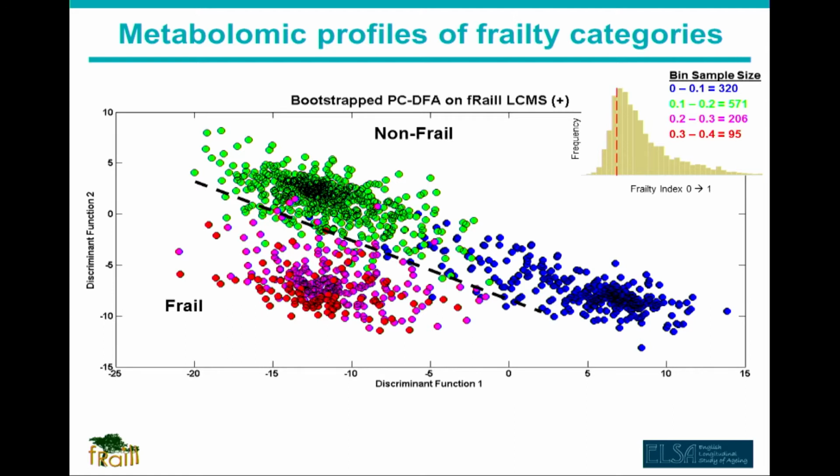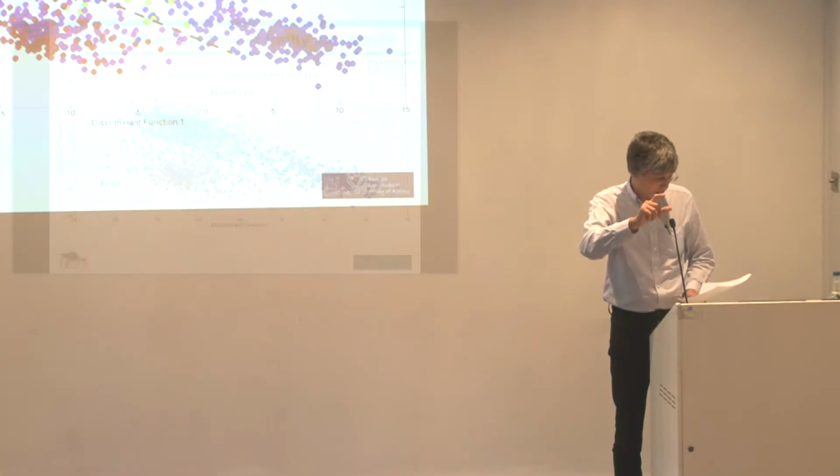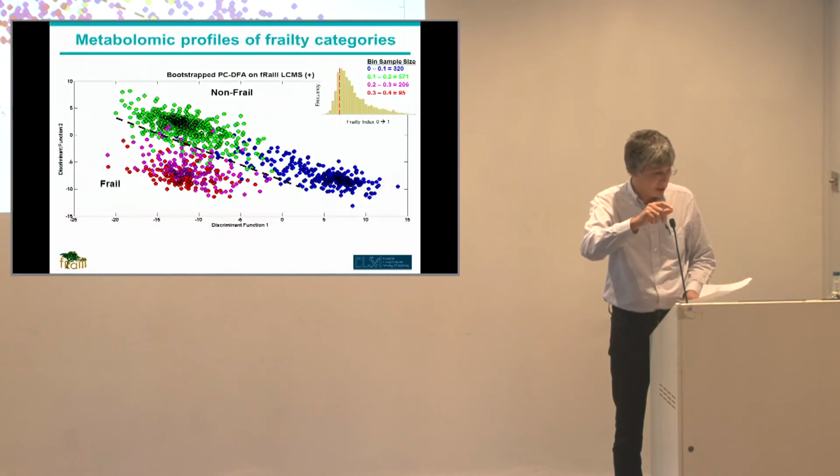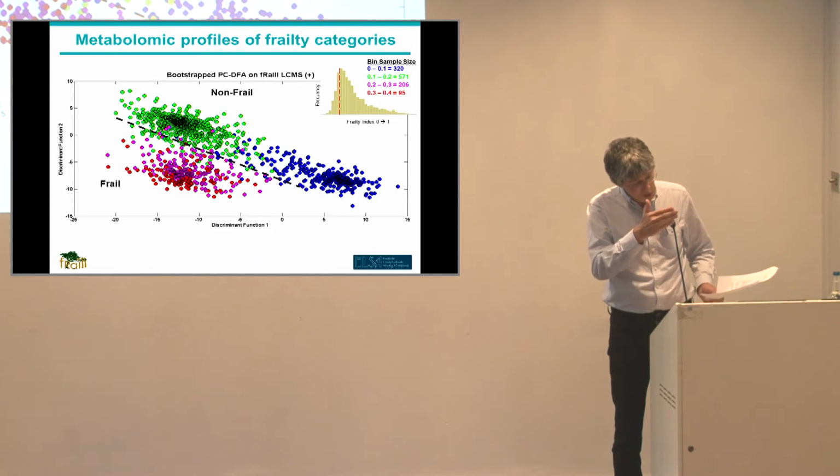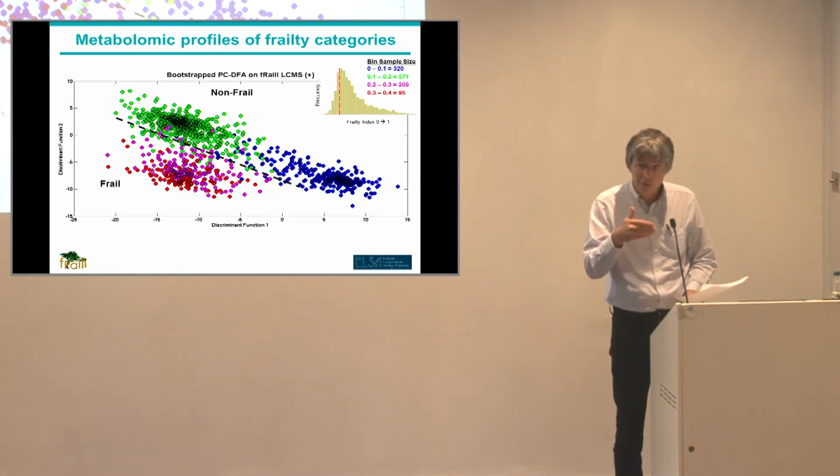And as you can see, you find a separation between the first two and the second two on this analysis, which uses two components. So there are two components to the discriminant function principal components analysis, and according to those two components, at the lower left segment are those people who have a reasonably high or a very high score for frailty.